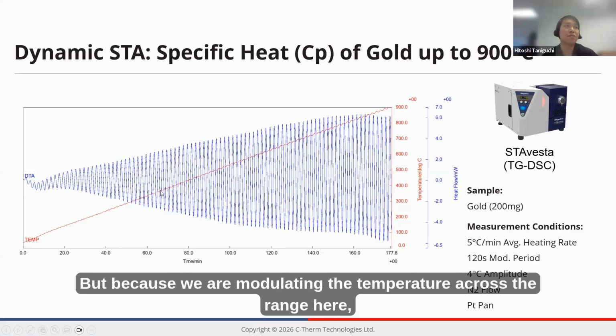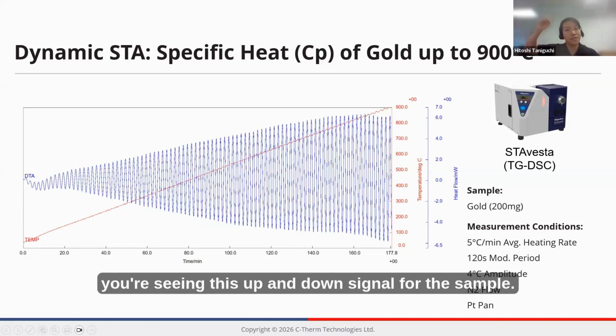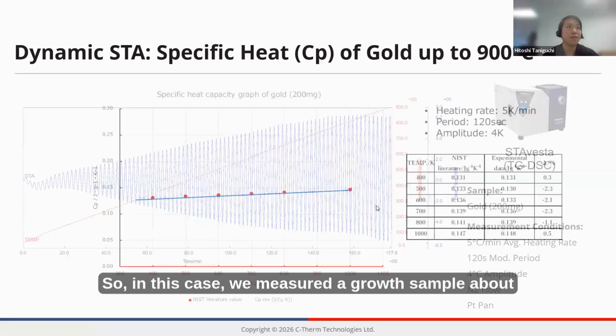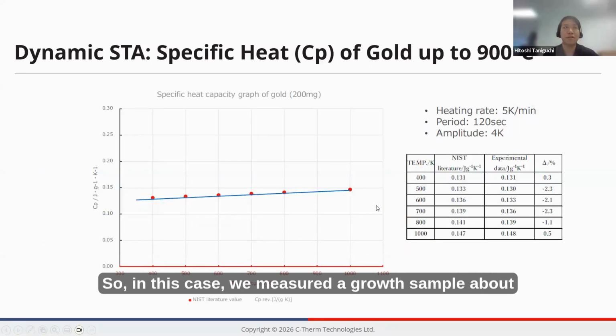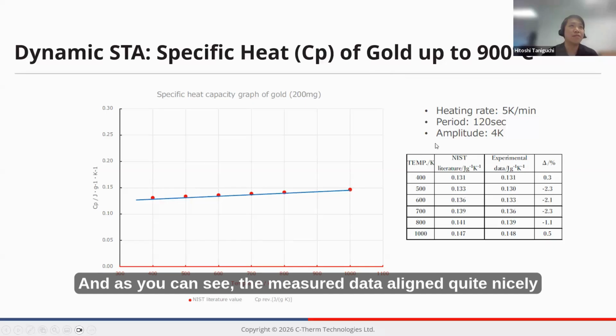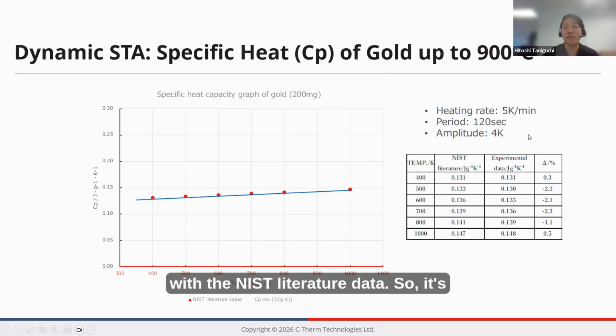But because we are modulating the temperature across the range here, you're seeing this up and down signal for the sample. And through this data, you can actually calculate the heat capacity of the sample up to very high temperatures. In this case, we measured a gold sample, about 200 milligrams, all the way up to 900 degrees C. And as you can see, the measured data aligned quite nicely with the NIST literature data.